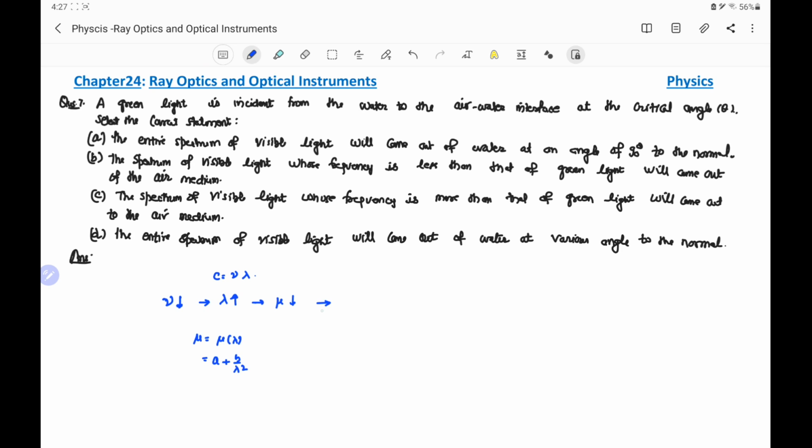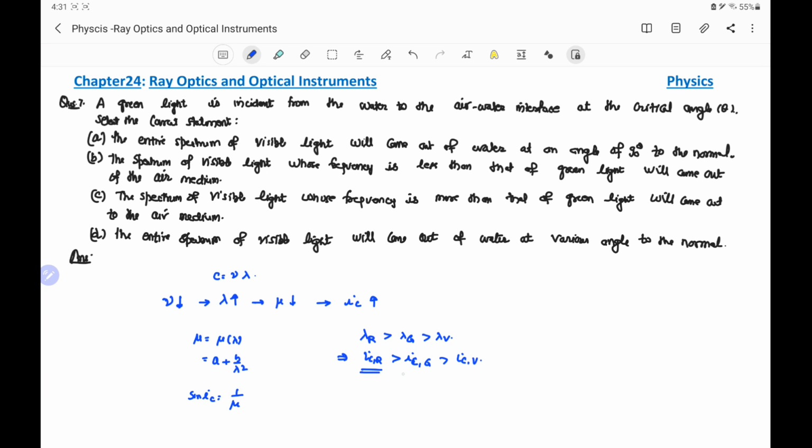And critical angle is related to the refractive index as sin IC equals 1 by μ. Therefore, if μ is lesser, sin IC is larger, or we can say critical angle is higher. Because wavelength of the red color is larger than that of the green color, which is larger than that of the violet color, the critical angle for the red color is higher than that of the green color, and it is higher than that of the violet color.